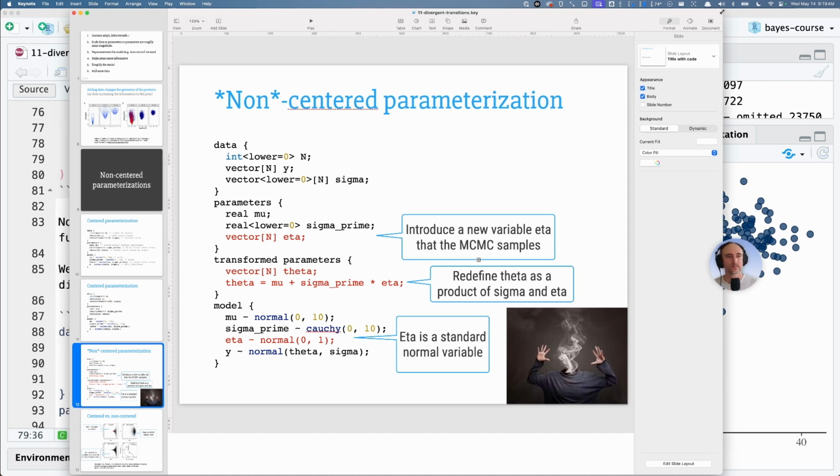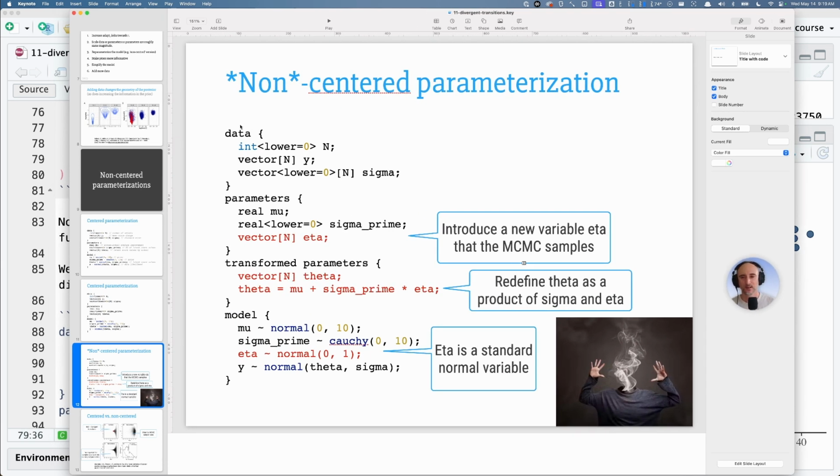So the data have not changed. In the parameters, we have added a vector called eta. Before we had theta. So now we're actually tracking a thing we're calling eta. Theta still has the same meaning, but we're creating it from eta in our transformed parameters section.